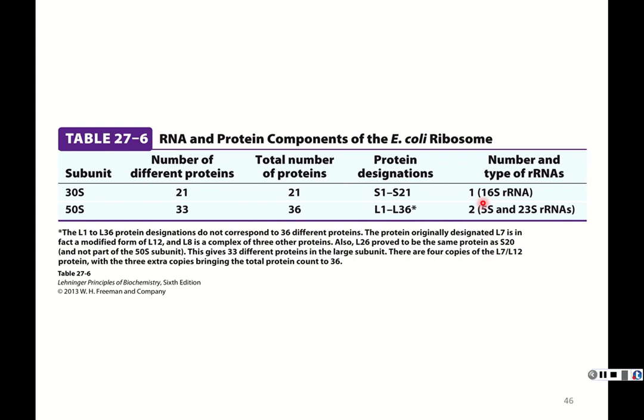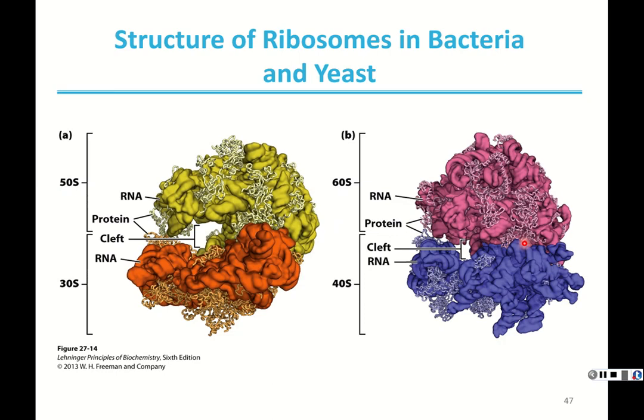What you care about in terms of translation is the rRNA, the core of it. The 30S subunit has a 16S rRNA, and the larger 50S has two pieces of rRNA, a 5S and a 23S. That's specific for E. coli.